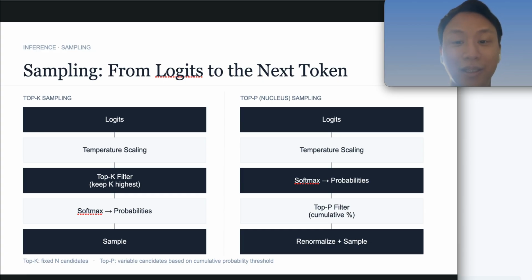And then in the newer strategy, you also have top P, which doesn't go by a fixed number like K, but does more of a cumulative probability observation. It takes, let's just say, the top 90% probability answers, and then does the selection among those.